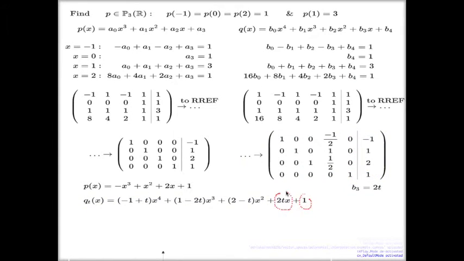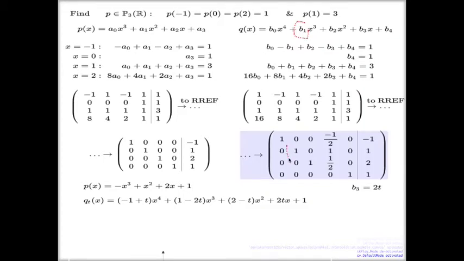B3 is just a parameter, double T, as it is. B2 is this, my solution here, 2 take T. If we double check this, it comes from this line, and it is in fact 2 take T. This is 2 take 1/2 of B3, which is T. X3, the coefficient next to X3, it's a B1, right?